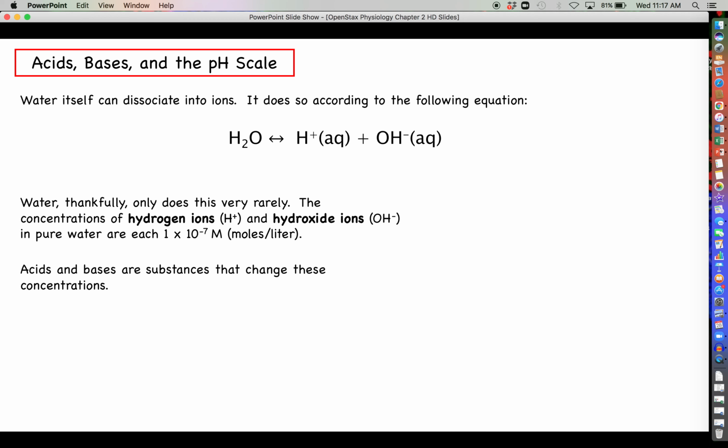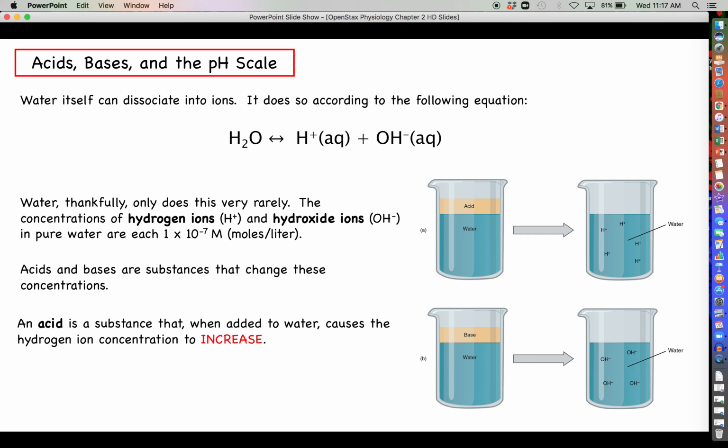Well, what this is going to lead us into a discussion on are acids and bases, right? Acids and bases are just substances that, if you add them to water, have the capacity to change the concentration of either hydrogen ions or hydroxide ions. And what we're going to see here is that both of these concentrations will be changed at the same time, just in opposite directions.